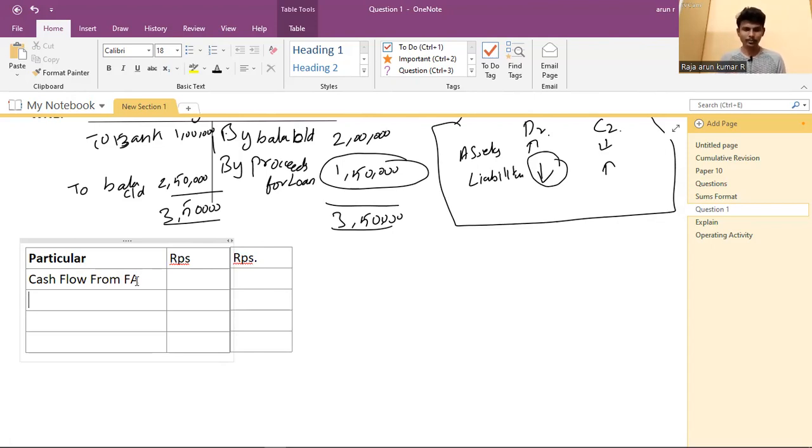Proceeds from loan means cash inflow. We get the loan again, so the liability value increases. Add it: inflow of loan, rupees 1,50,000.